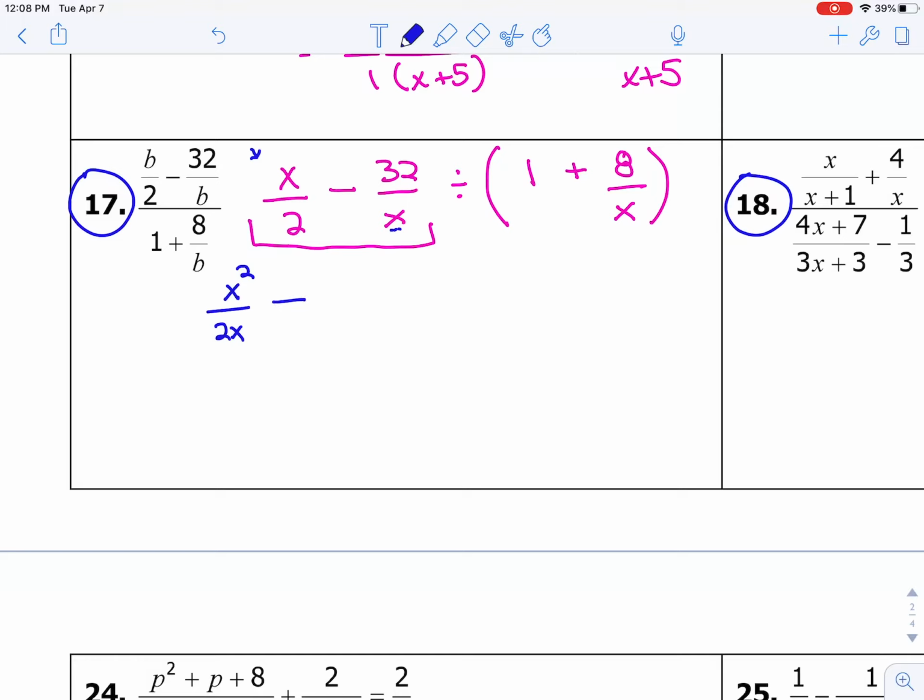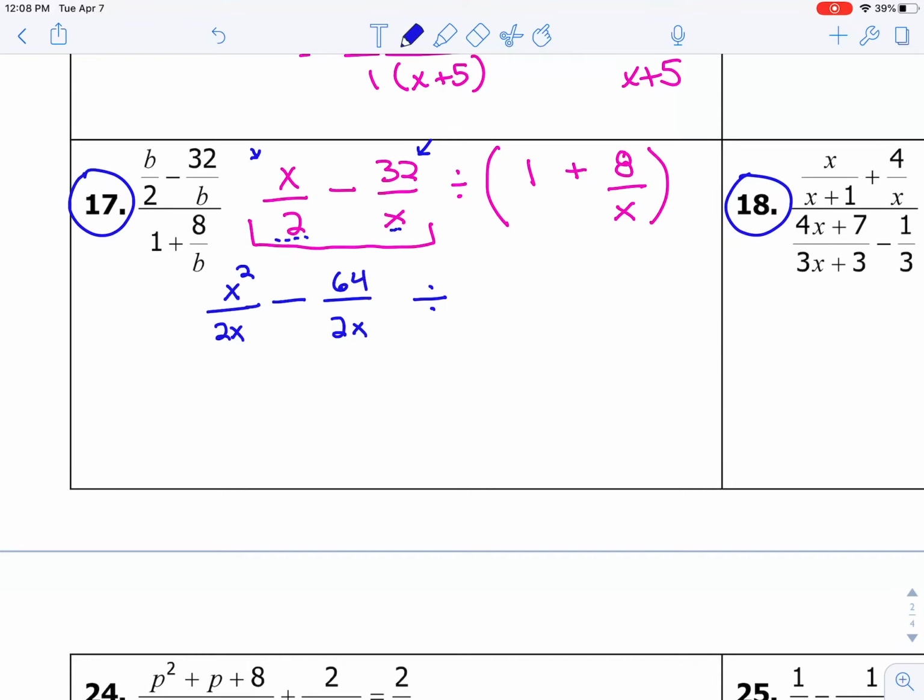And then the second one, I need to multiply by this denominator, so I need to double it, and double it. And you see when you do that, now we're left with a common denominator of 2x.